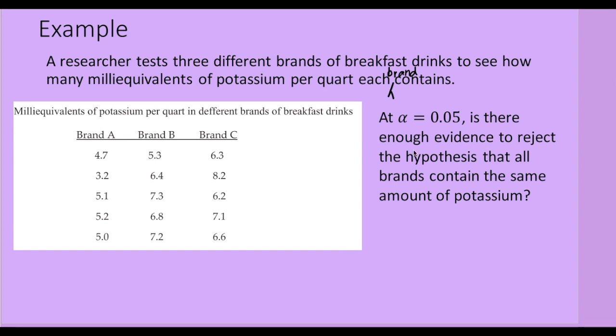The question is, at alpha 0.05, is there enough evidence to reject the hypothesis that all brands contain the same amount of potassium? Okay, as we've discussed before, the first step is to determine the null and alternative hypothesis.